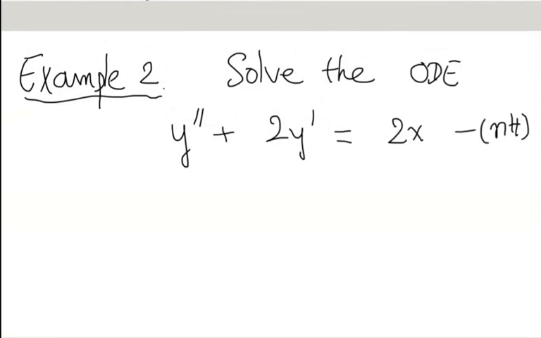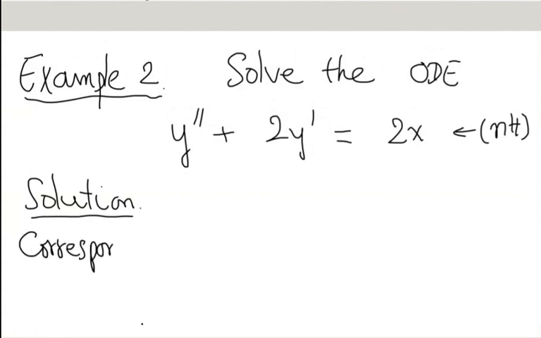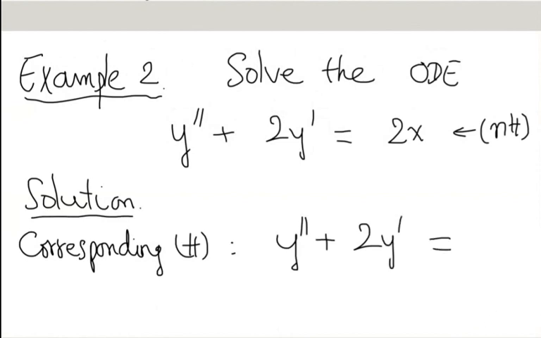This is our non-homogeneous equation. So to solve this, we begin with the corresponding homogeneous equation: y double prime plus 2y prime equals 0.